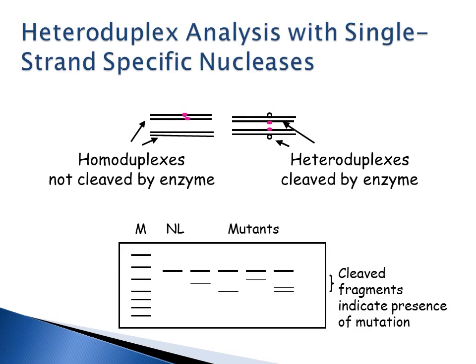When you get that cleavage, that's going to indicate that you had a mutation. You can see that on the gel, where your cleaved fragments indicate that you had a heteroduplex that has a mutation in it.